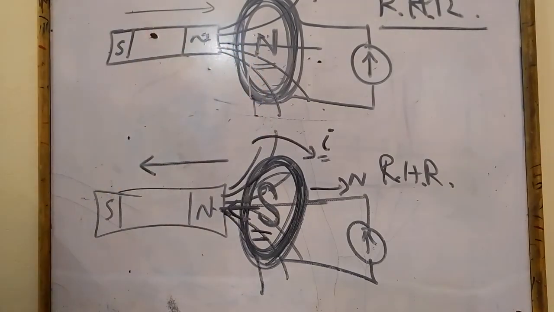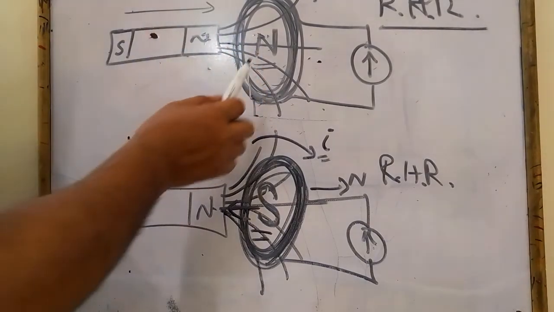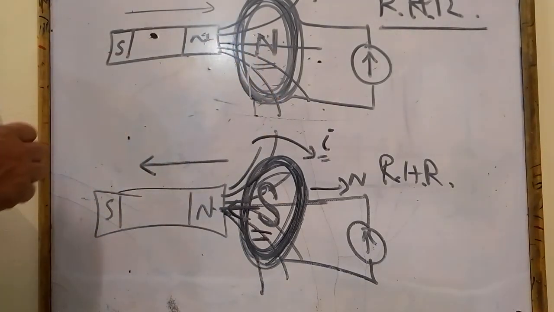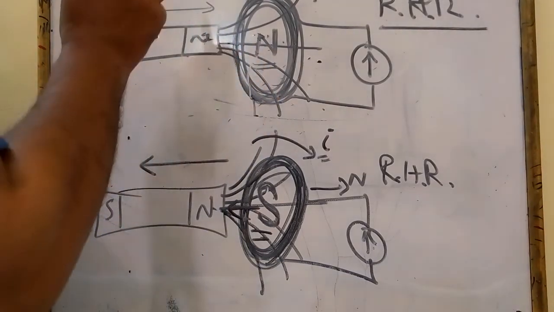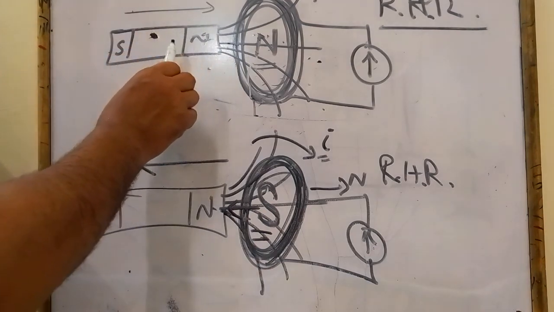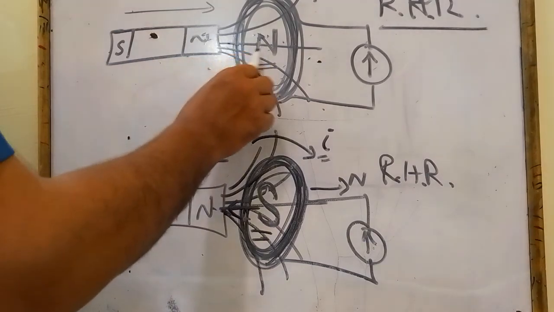The result is that the motion of the magnet is opposed, north-north opposition, repulsion. The mechanical energy spent in overcoming this opposition is converted into electrical energy, which appears in the coil.